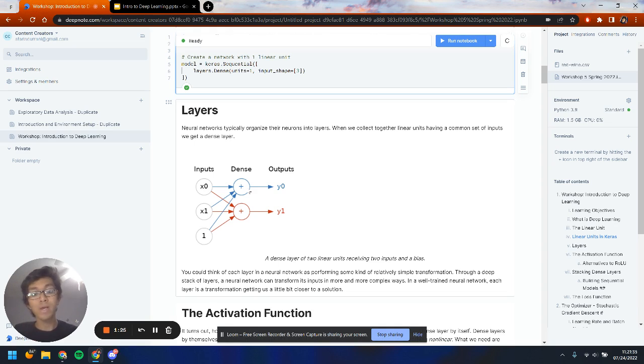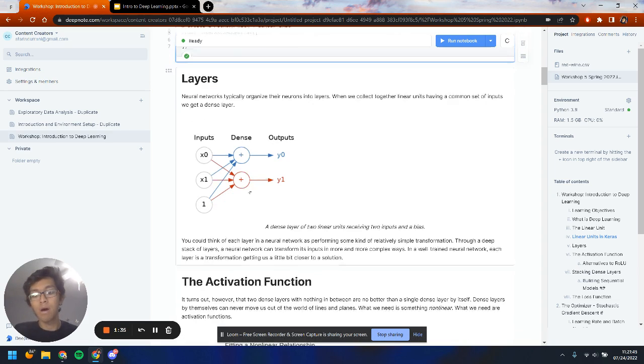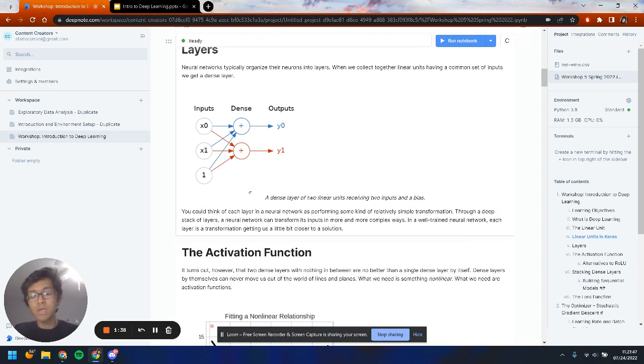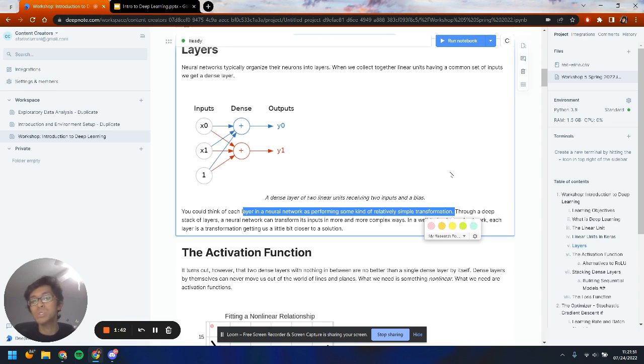And when we combine those two together, we have what we call a dense layer. So a dense layer is essentially a collection of linear units given a common set of inputs. You can think of each layer as performing some kind of relatively simple transformation.